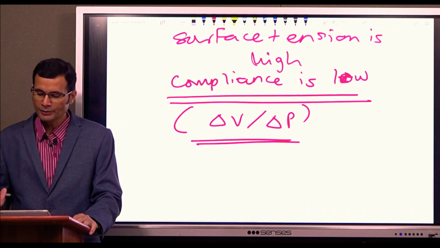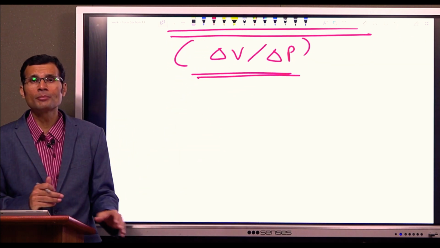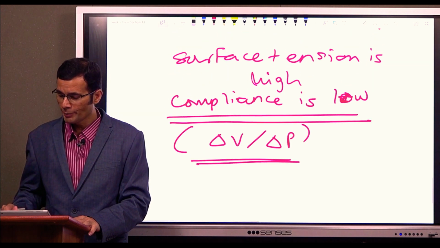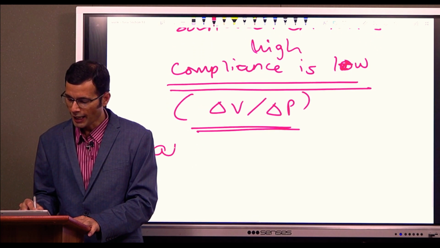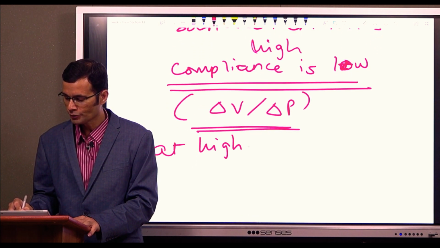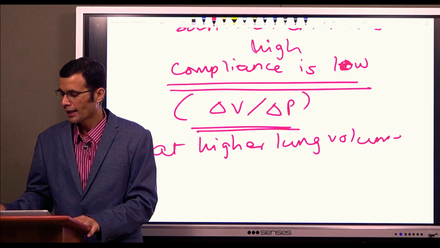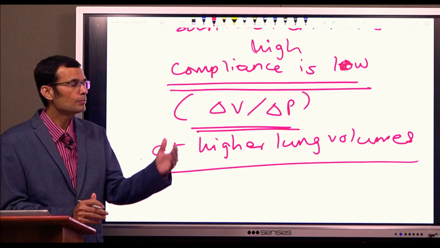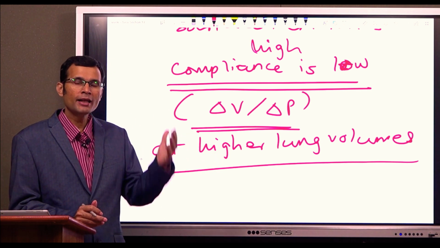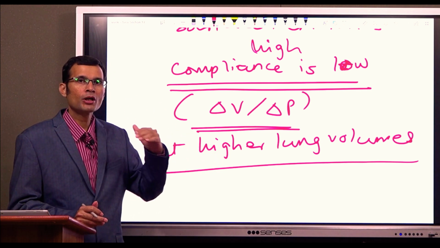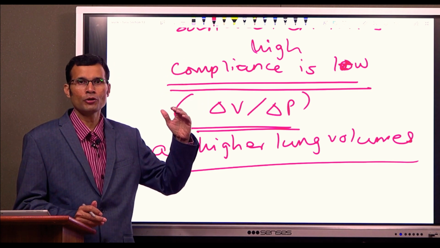So that's the dynamic compliance, and as I have already mentioned, this is at the higher lung volumes. As you inspire and the air goes into the lungs, you are going near higher and higher lung volumes.